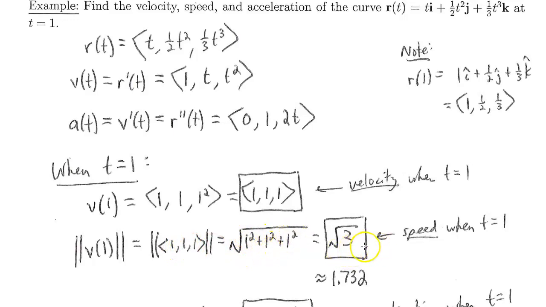That's the square root of 3. So that's your speed. Now, the square root of 3 is about 1.732. So what that means is you're going about 1.732 units per second, if t is in seconds. Your velocity is 1, 1, 1, and the magnitude of that velocity is this speed here.